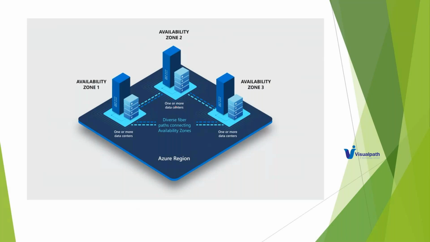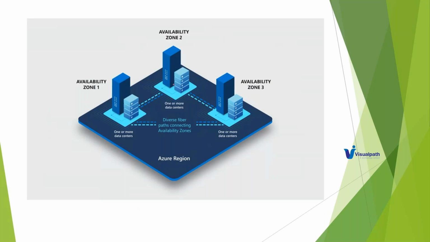So if you look at this data center, in a region, usually the pattern which Microsoft follows is that in one region they have three different availability zones, and all these are different physical locations. So for example, in the Azure region Central India, there is a data center in Mumbai. All three data centers are not in Mumbai.